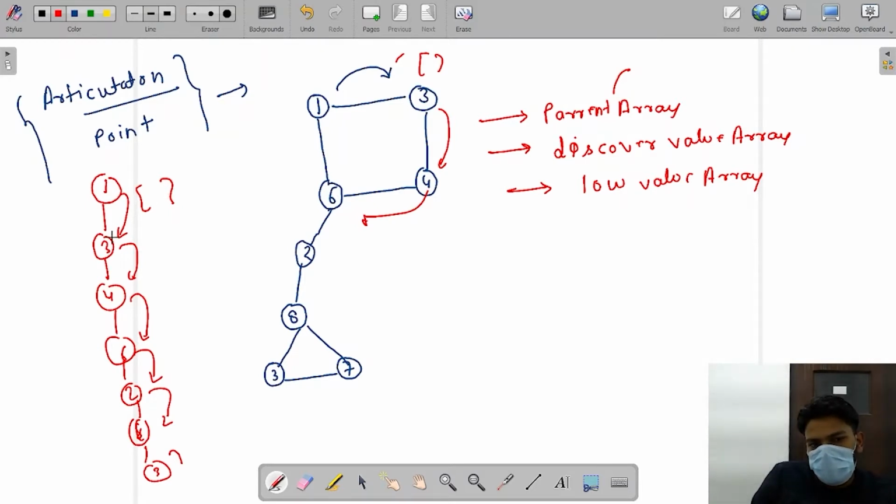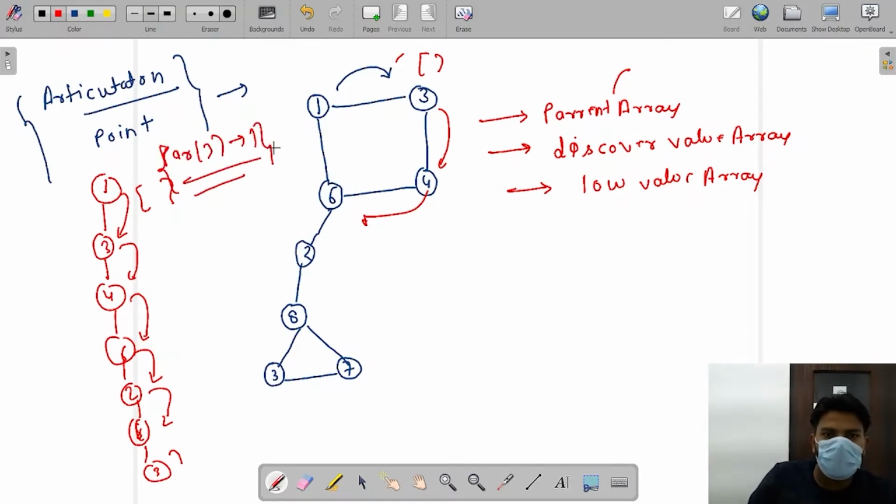If we call 3, we store the parent of 3 as 1, in the array. This array is stored as the parent array.